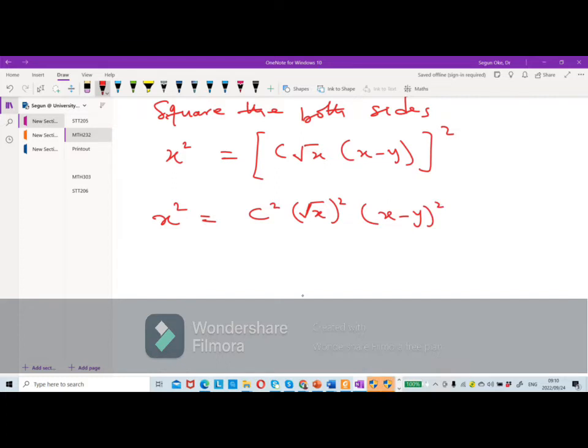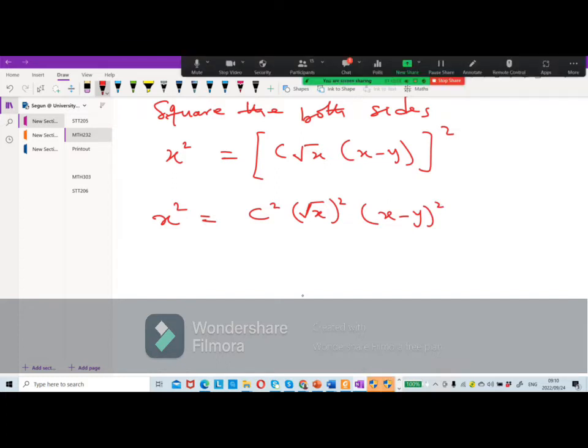So which means this cancels this. So I have here x squared equals c squared x in bracket x minus y all squared. You need to take your time like this when you are solving this problem. That's the beauty of it.